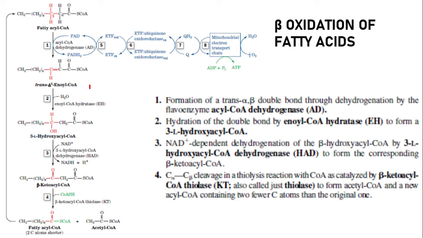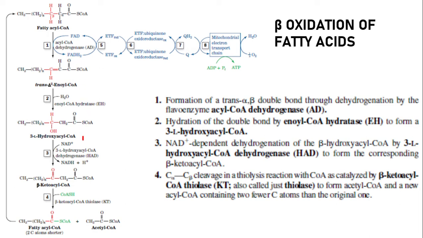Here, the hydrogen atoms being removed from these fatty acids are carried away by means of hydrogen carriers. Here you can see FAD becomes FADH2. FAD is removing two atoms from this substrate and it becomes FADH2.